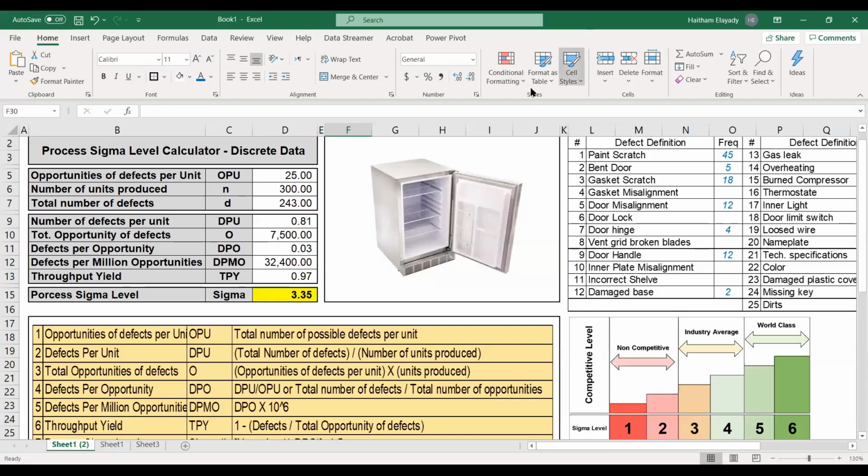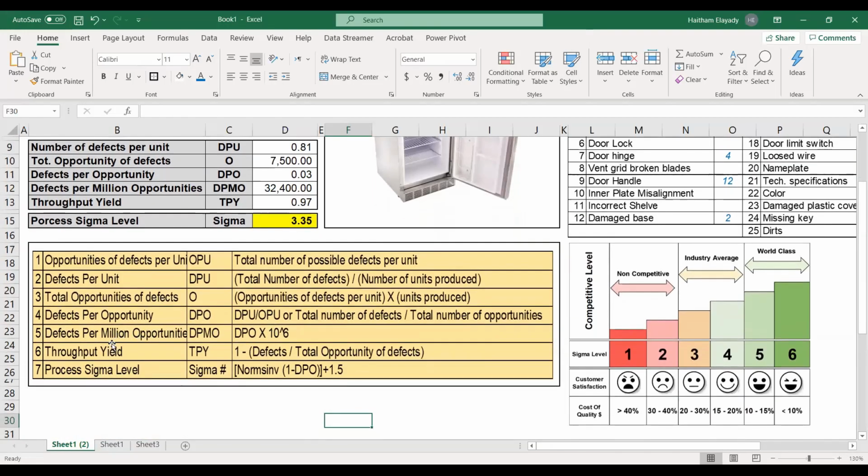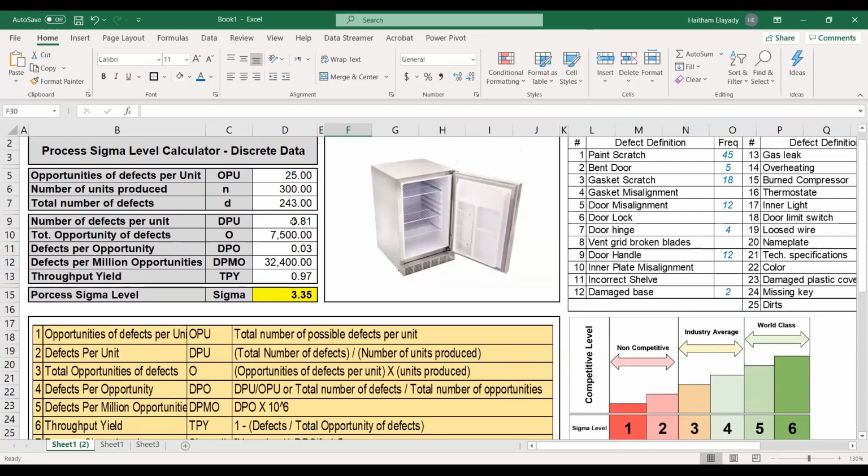As we highlighted, the defect per opportunity is calculated by dividing the defect per unit, which is 0.81 defect per unit, by the OPU, which is 25.